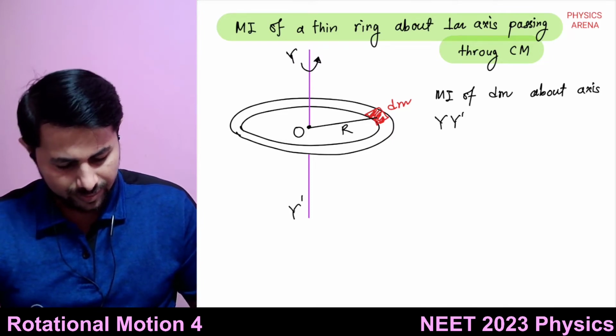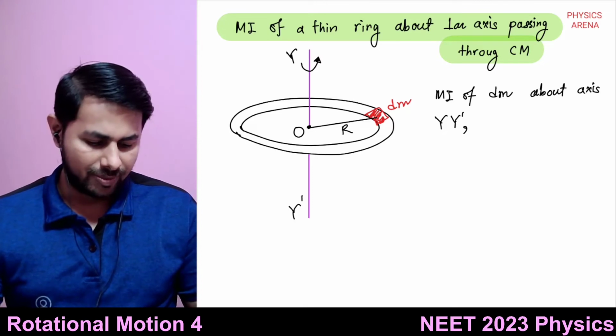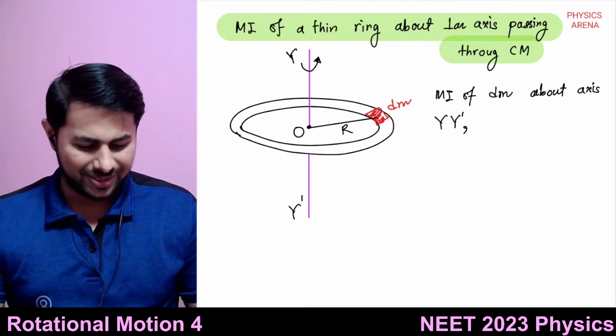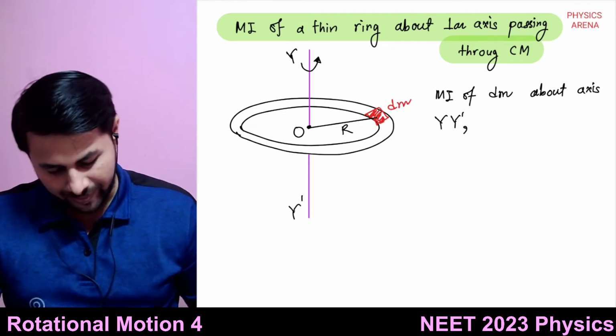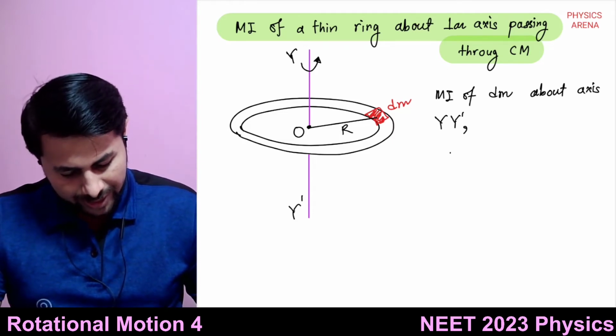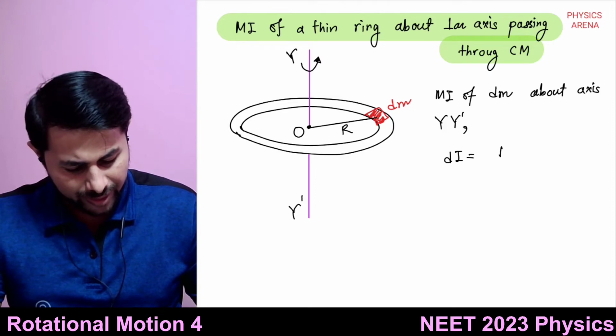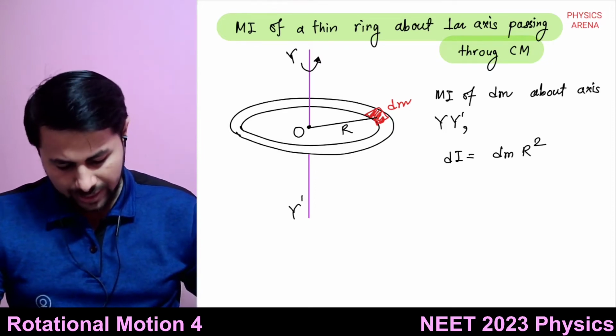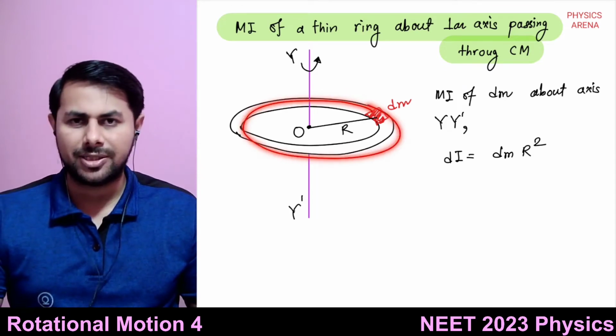Instead of writing every time about an axis which is perpendicular to its plane and passing through center of mass, let's name it. So the moment of inertia dI will be equal to dm multiplied by r square.